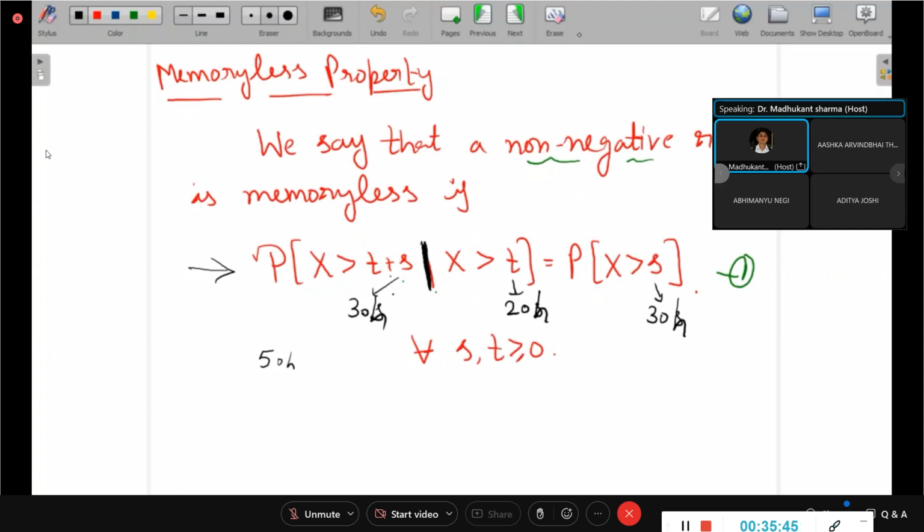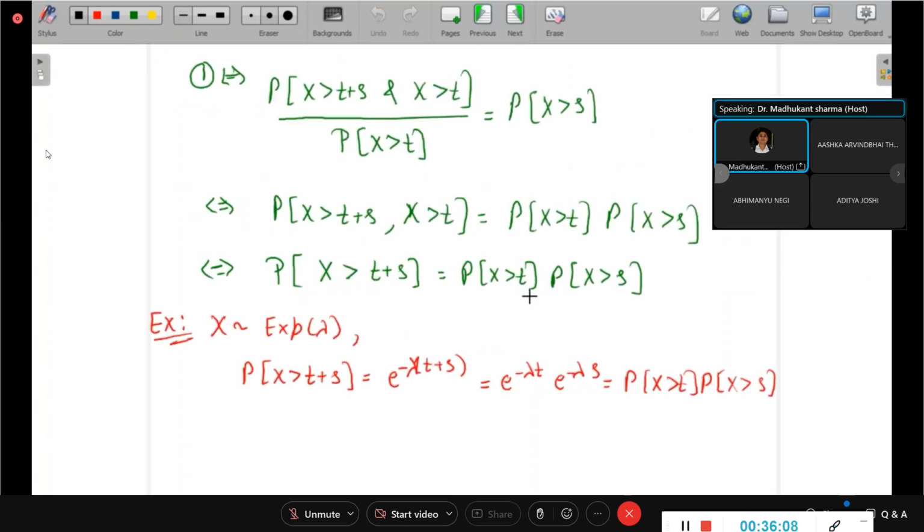The probability of a given b is the probability of a and b divided by the probability of b. Use that fact, and you will get an equivalent statement for the memoryless property. I am just giving it to you here. So now look at the numerator.